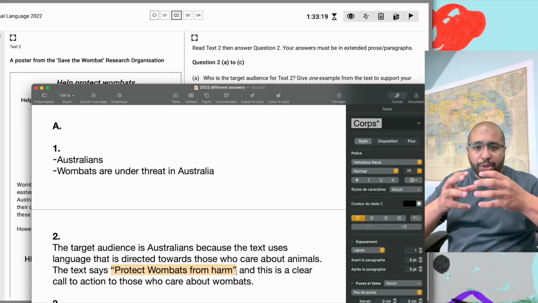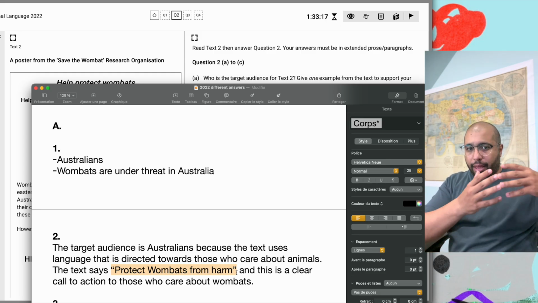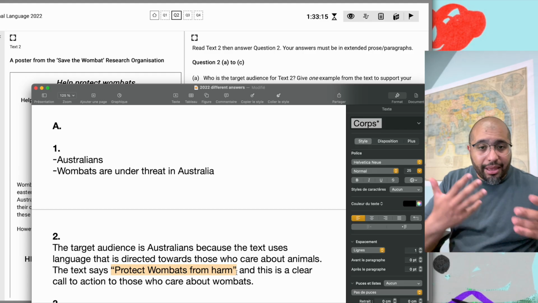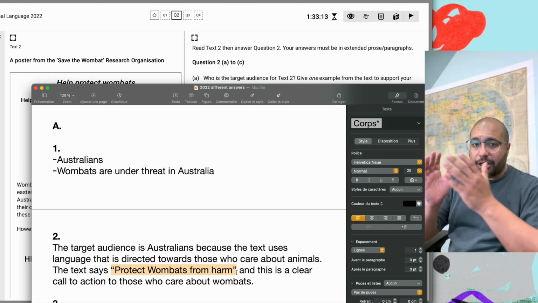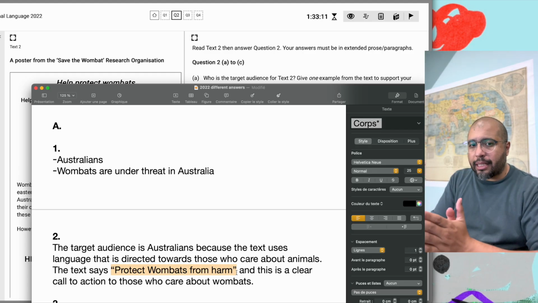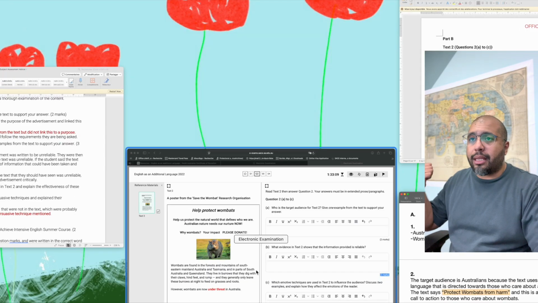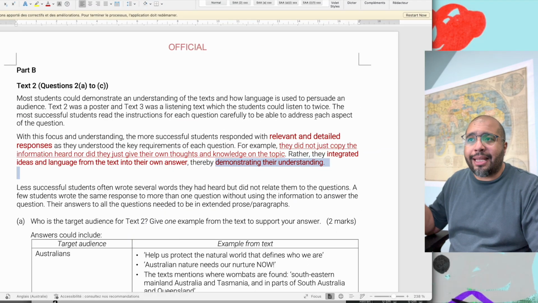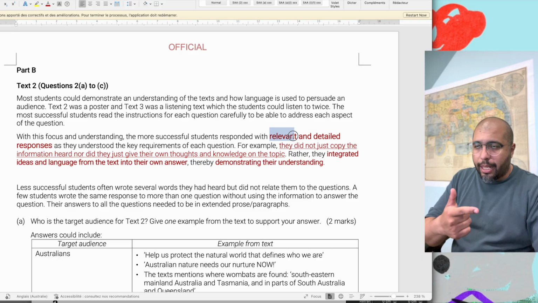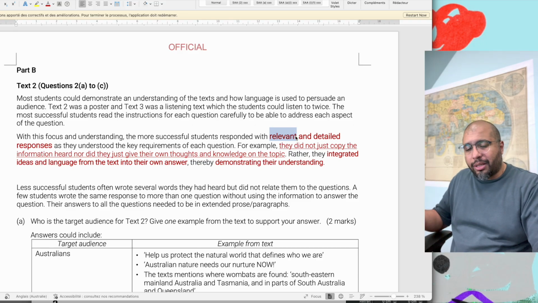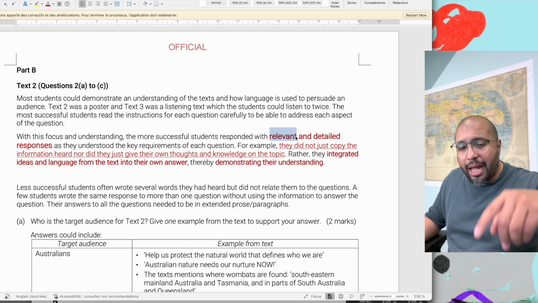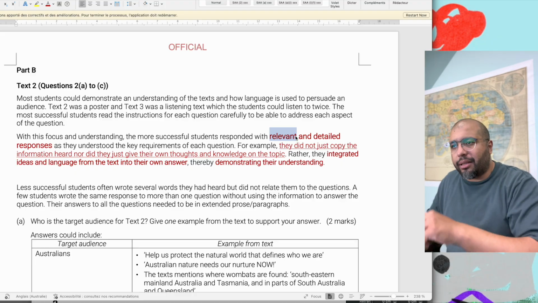So there is no relationship between the evidence, the justification, and the answer itself. And such an answer is a weak answer, and that's why the subject assessment advice said relevant. So again, it's not just relevant to the question, but also the evidence provided has to be relevant to the answer itself.